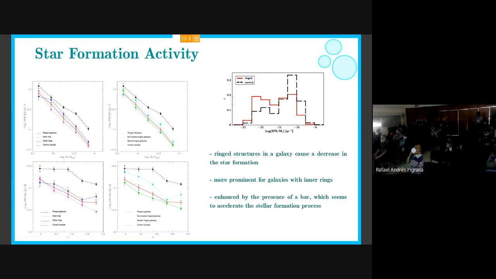Then galaxies in the control sample, plotted with black lines, present more efficient star formation activity for the entire range of masses and concentration parameters, indicating that ring structures in galaxies cause a decrease in star formation activity.